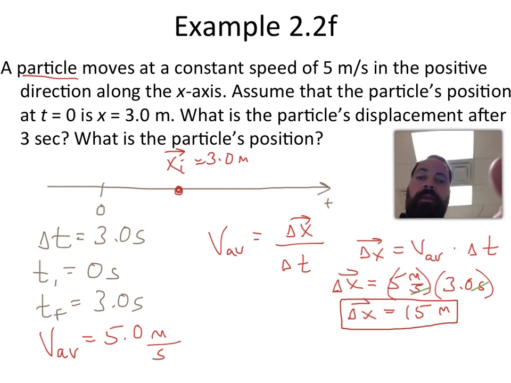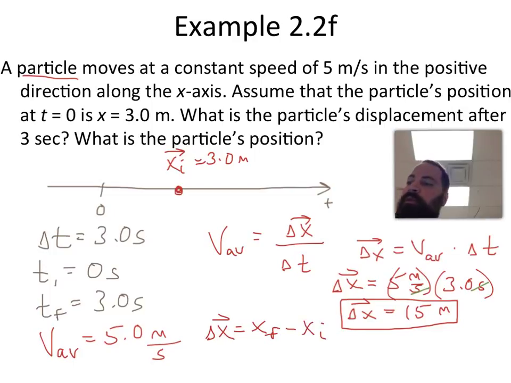So the question is then, what is the particle's final position? Where does it end up? Well, we know from a couple days ago that change in position equals the final position minus the initial position.